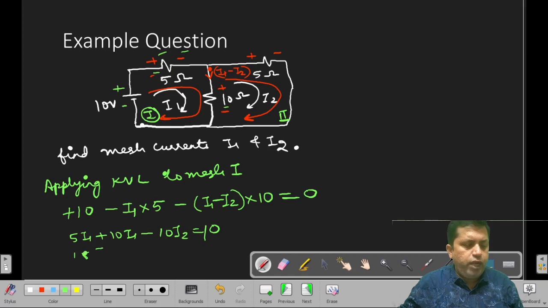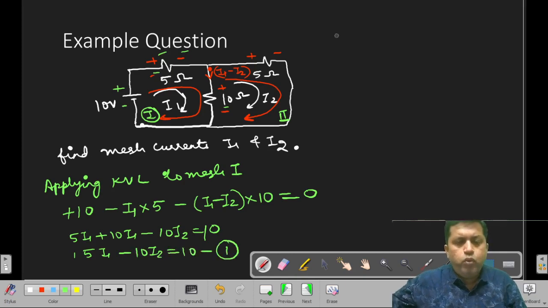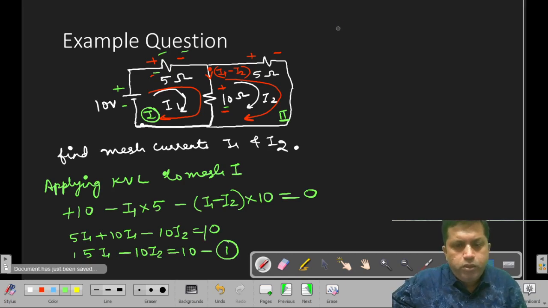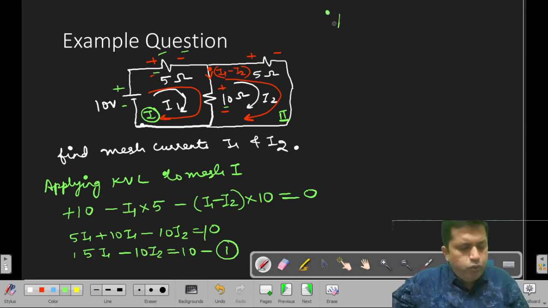So 15I1 minus 10I2 is equal to 10. That is equation number 1.